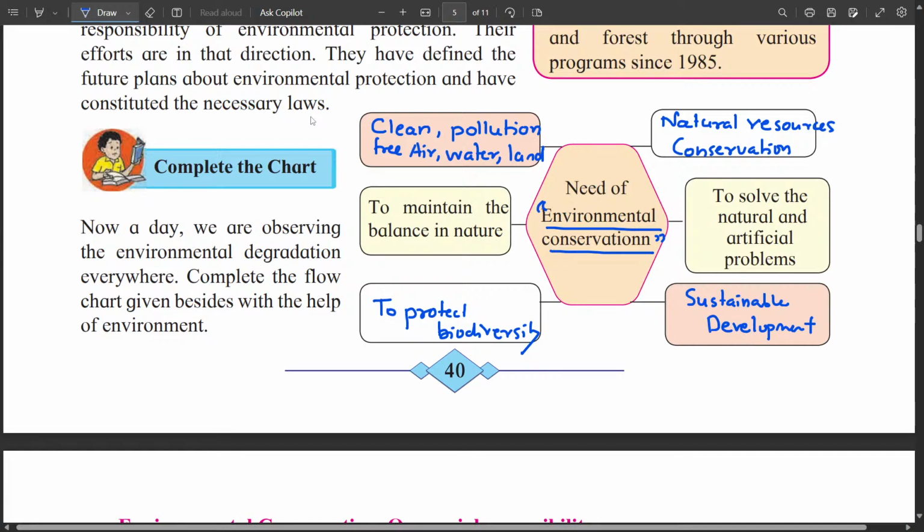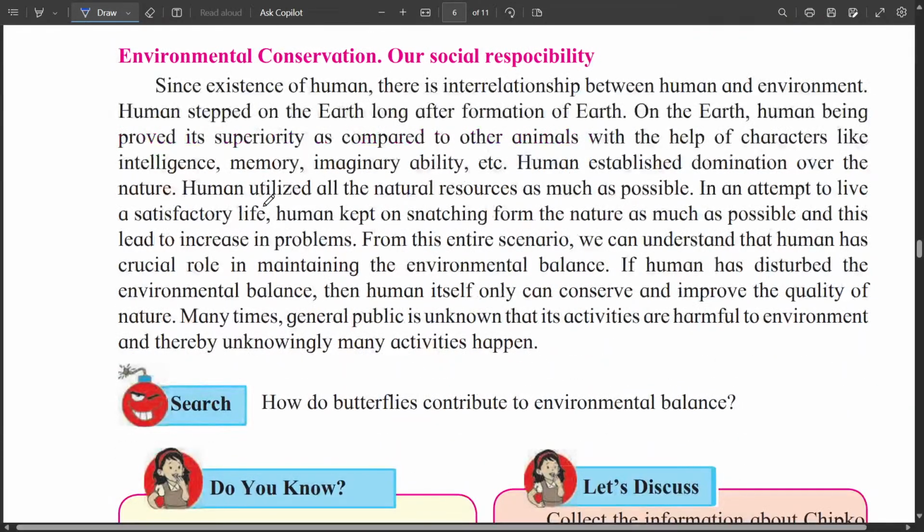It is said that if the honeybees become extinct from this earth, then the food production on the earth will be adversely affected. So environmental conservation is our social responsibility.